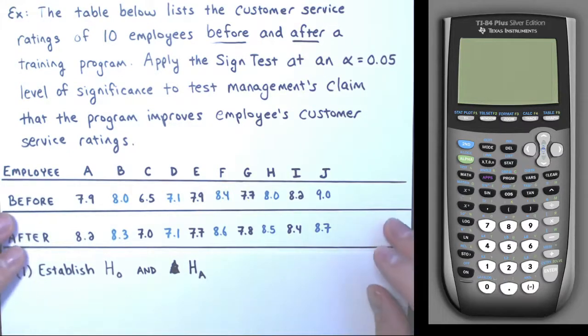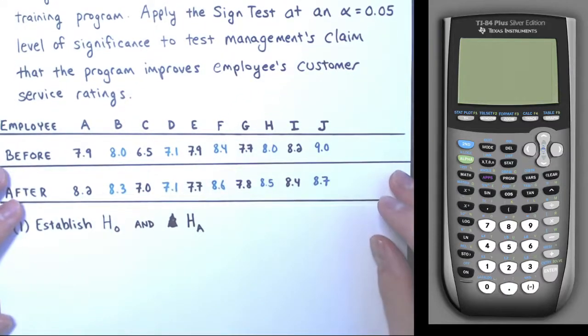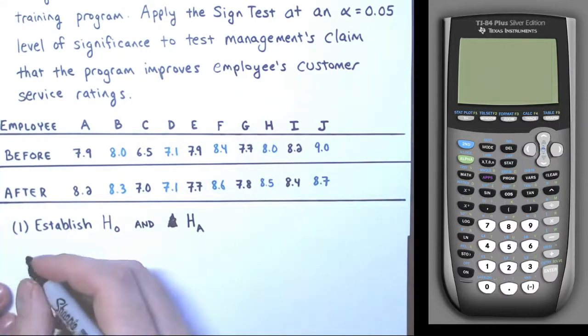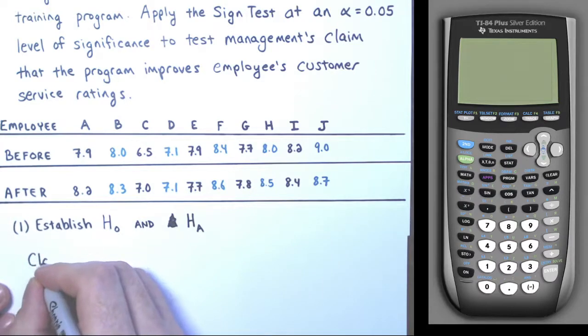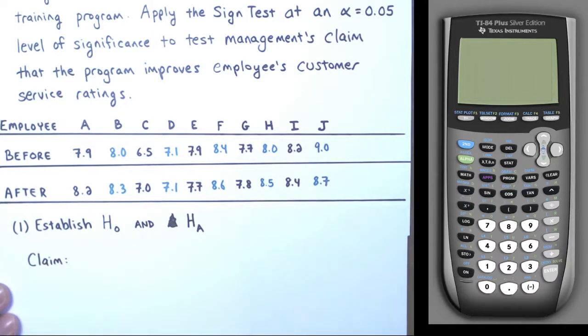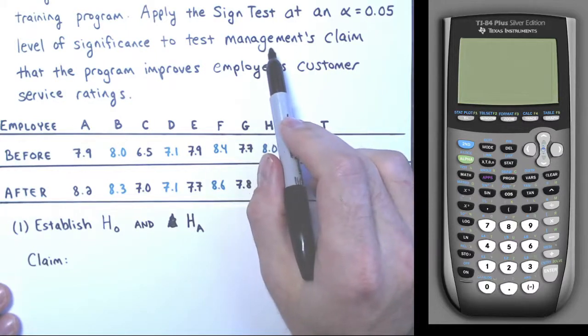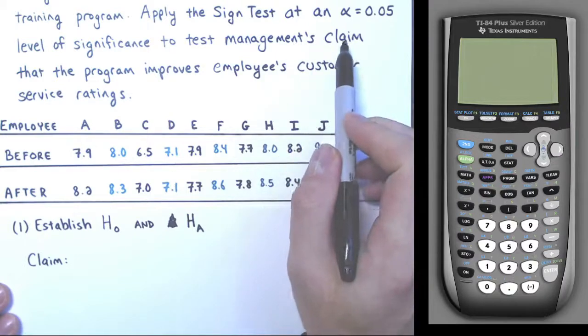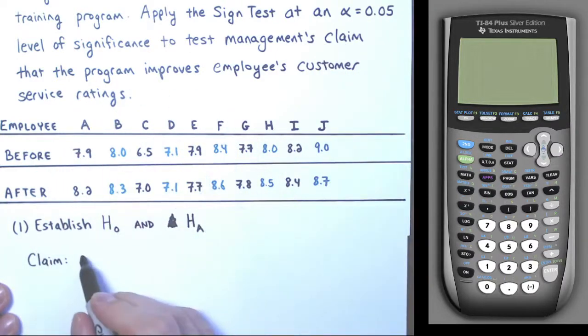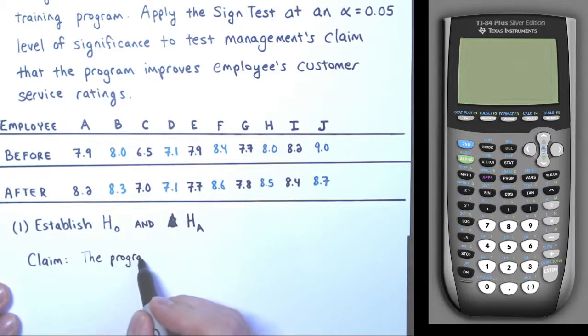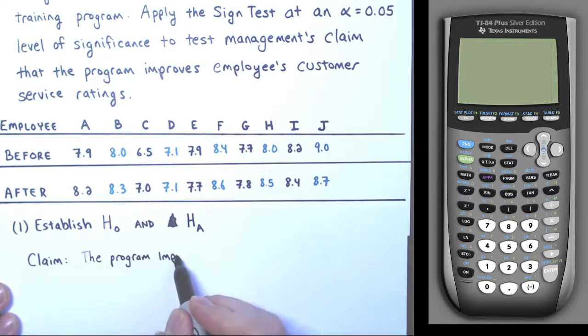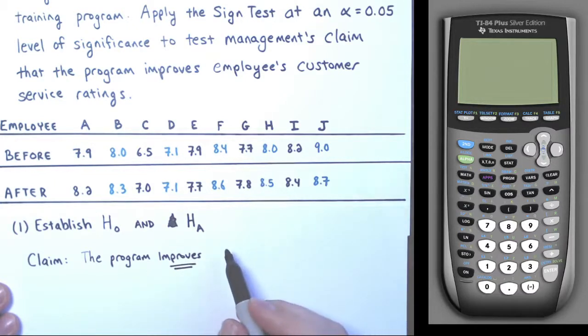So remember, the way these hypotheses are set up all depends on how the claim is worded, the claim being tested. The claim here is made by the management at this particular company. Management claims that the program improves customer service ratings. Improves is the key word there.